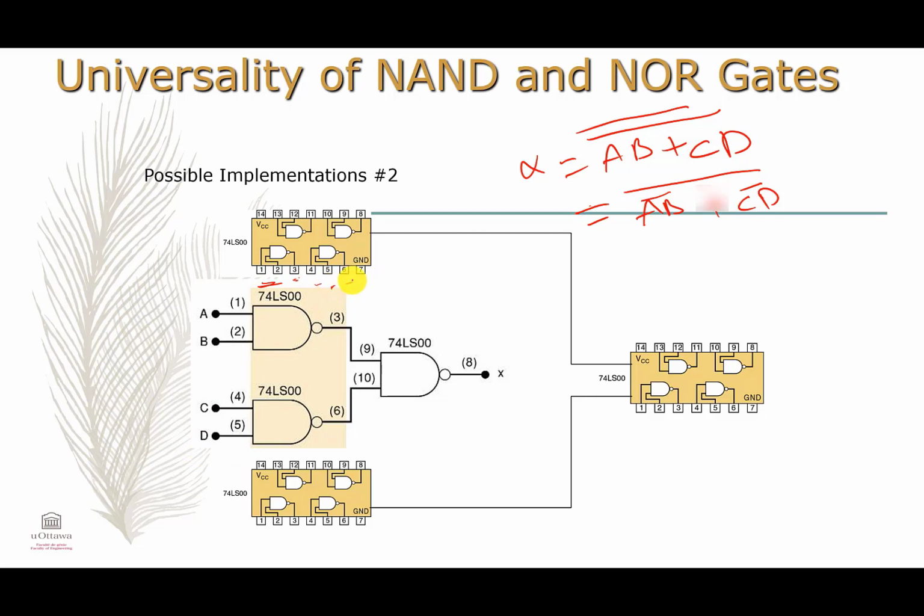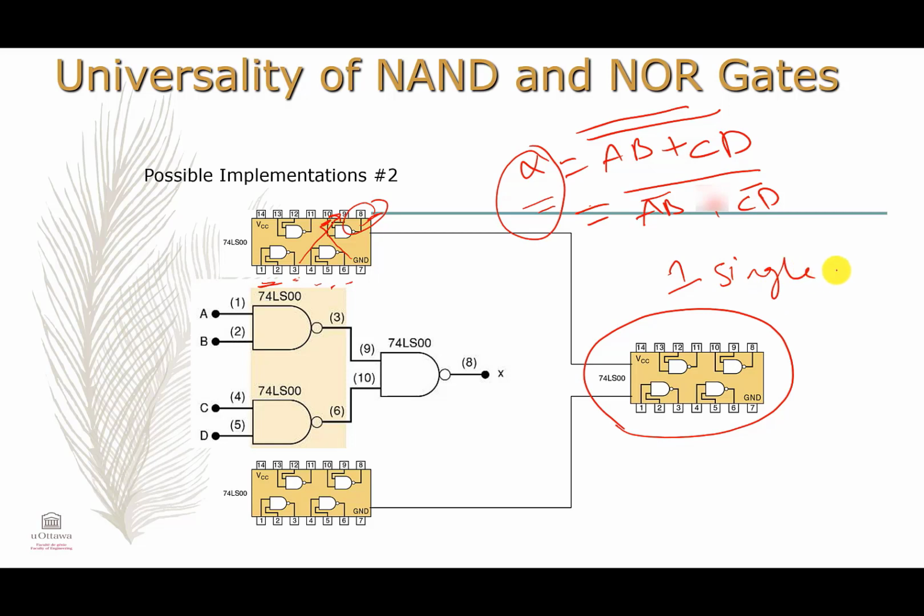Then you just make a jumper, or a junction, between 3 and 9, and a junction between 6 and 10, and the result will be at 8. So the whole Boolean function X is implemented with just one single IC.